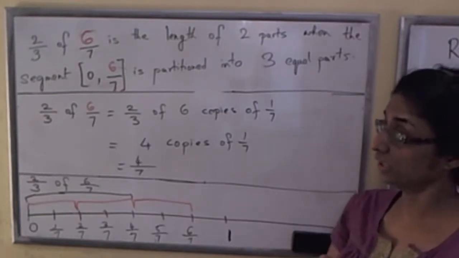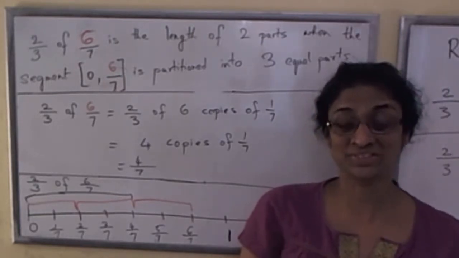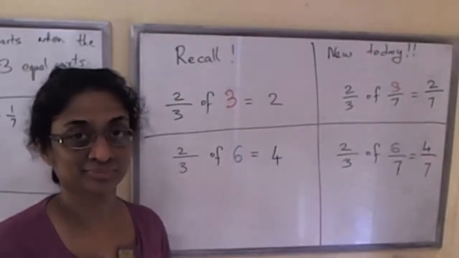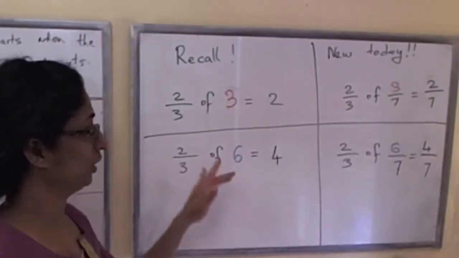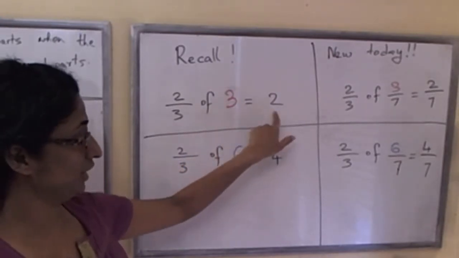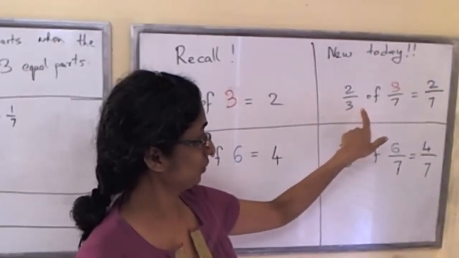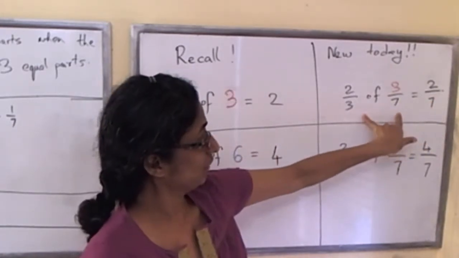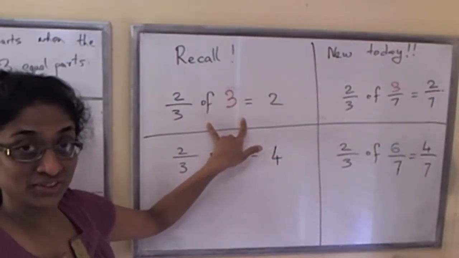So now let's look at a summary of the 2 examples that we've done and see what observations we can make. We knew from the last video 2/3 of 3 equals 2. Today we figured out 2/3 of 3/7 is 2/7. Do you see how this example is related to this example?